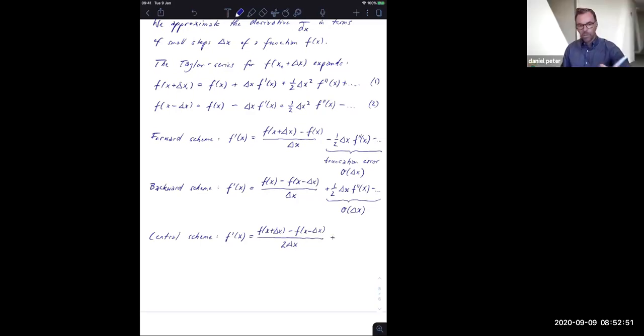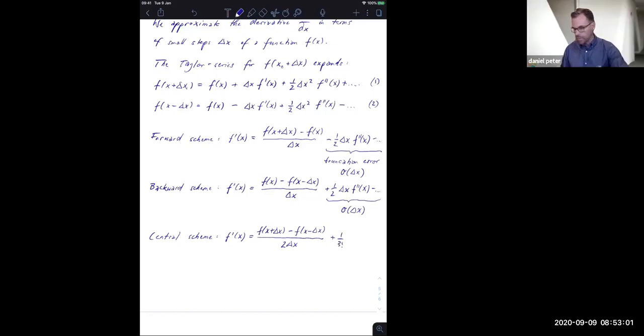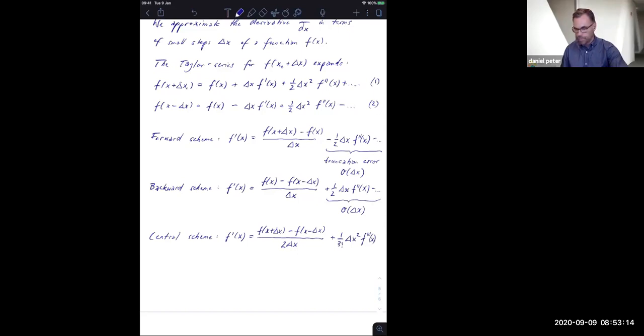And then what terms are left? 1/3 factorial. Exactly, 1/3 factorial. And what is interesting now, we have a term that depends on delta x squared. Then comes the third order derivative of f of x plus additional terms.